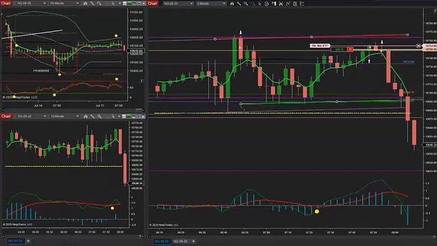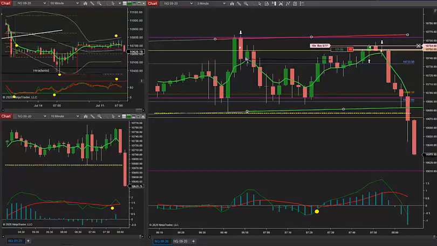Also, you do realize that being a 60 period, 4 standard deviation regression channel, it's going to lag. But we did make our initial entry when it overshot that regression channel, and that proved to be a really great entry. Also, what proved to be a good stop was up at the top.